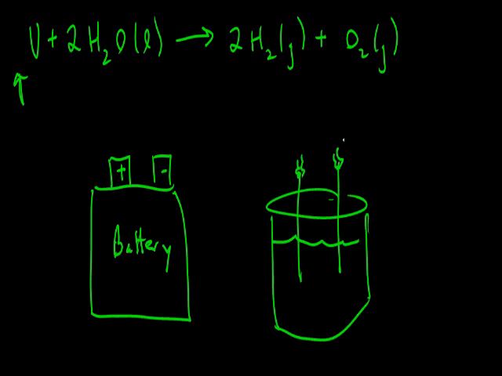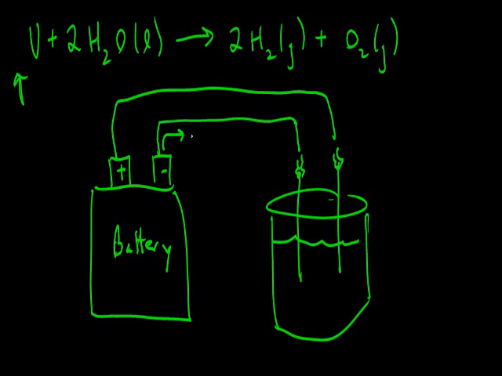The setup for the lab will be we'll take some electrodes made of graphite, dip them into some tap water, connect the electrodes to the positive and negative terminals of an outside power source, and this will force the reaction to occur. The battery, again, determines the direction of electron flow. Our battery is a spontaneous cell, so electrons will leave from the negative and flow back into the positive. This then also determines what's happening at each of our terminals in the electrolytic cell that we have.